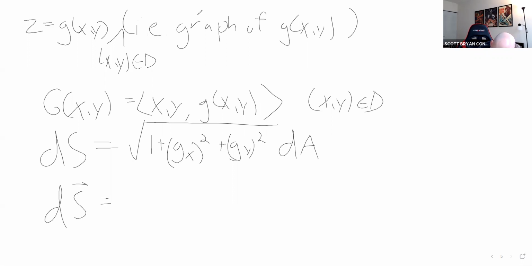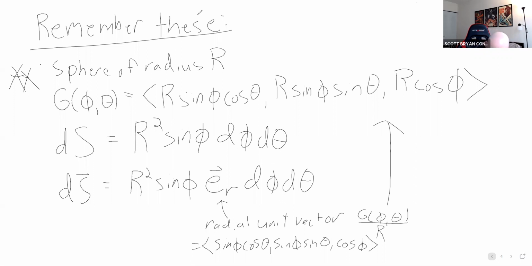And d vector S is, sorry, I forgot to mention, hang on, this is outward. If you want the outward pointing normal for the sphere, this gives you the outward pointing normal. If you want the inward pointing normal, you need the negative of this. Sorry, forgot to mention that.